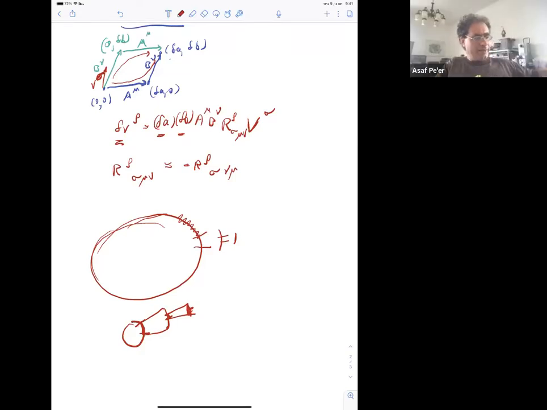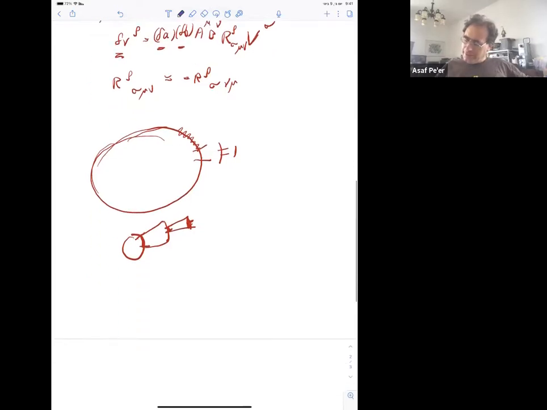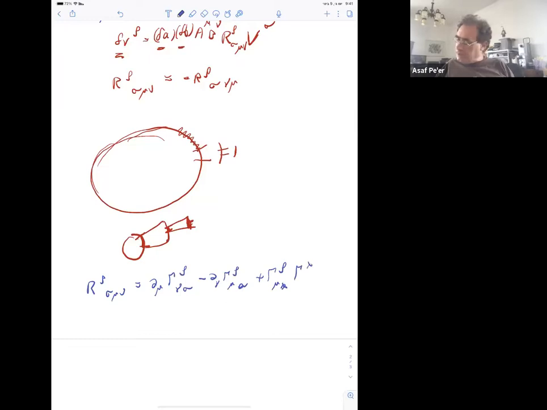Okay, and then we actually derived the Riemann tensor by taking the commutator of two covariant derivatives, and we discovered that R rho sigma mu nu is d mu gamma rho nu sigma minus d nu gamma rho mu sigma plus gamma rho mu lambda gamma lambda nu sigma minus gamma rho nu lambda gamma lambda mu sigma.